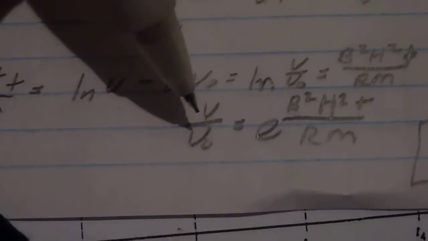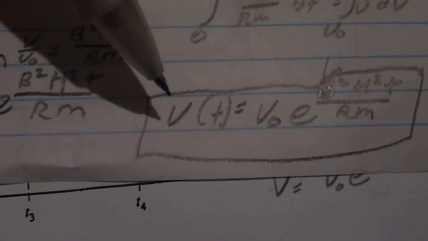When you take the integral, we get ln of V minus V0 equals B squared H squared t over RM. Simplifying, we get this. And once we put it in terms of V, and finally, after algebraic manipulation, we get V of t equals V0 times e to the B squared H squared t over RM. That's its exponent.